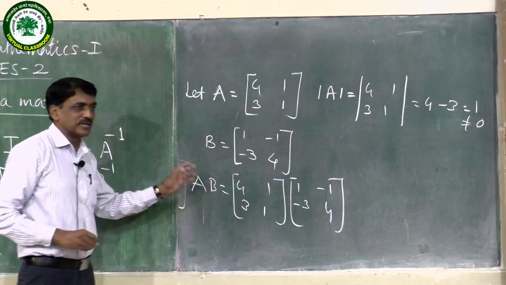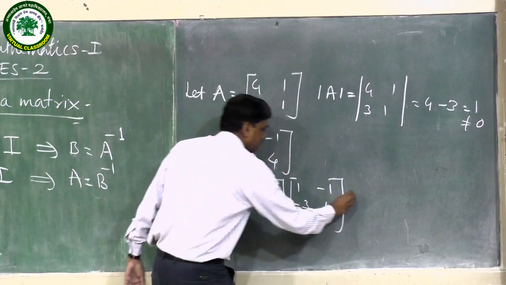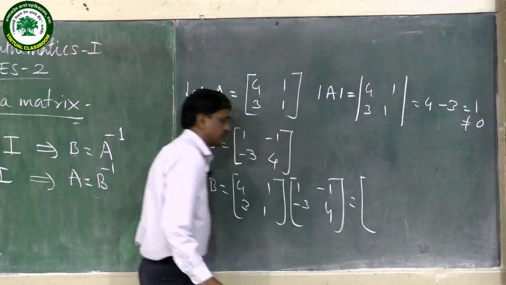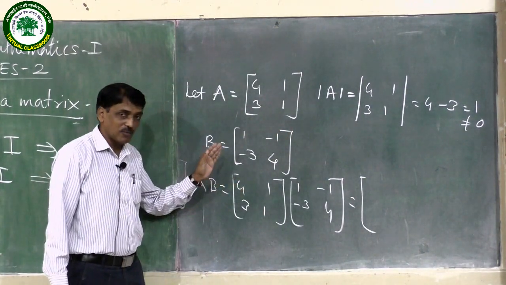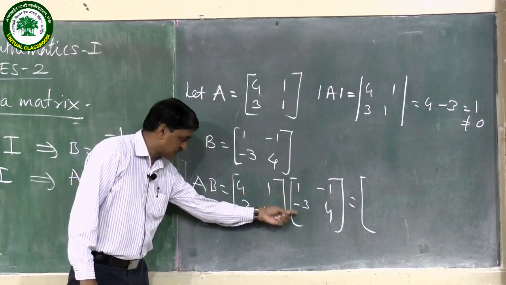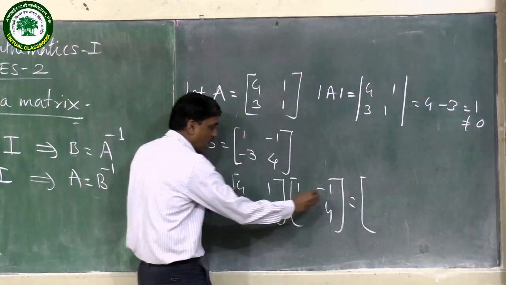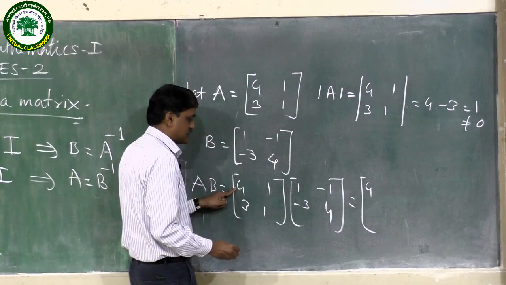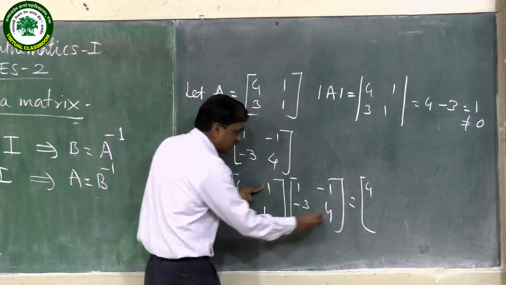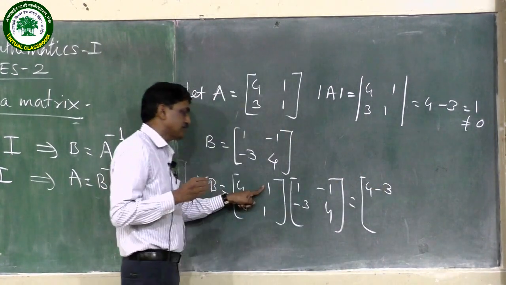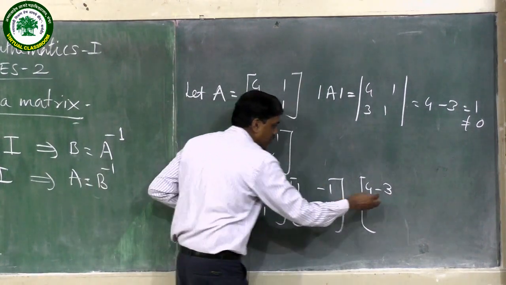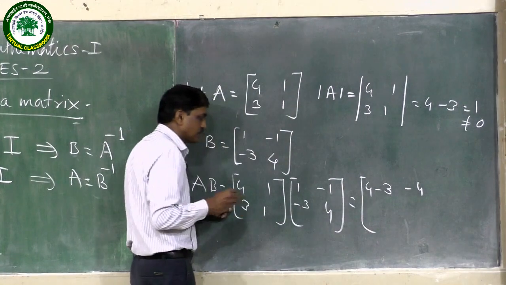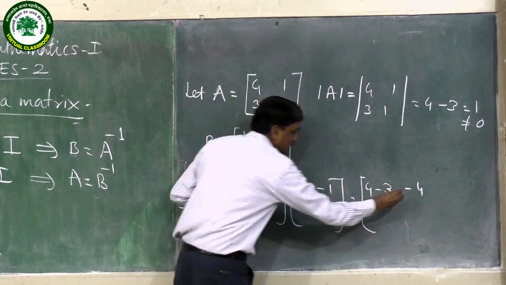Let us compute their multiplication. See, first row into first column, 4 into 1 it is 4 plus 1 into minus 3 it is minus 3. Then first row into second column, 4 into minus 1 minus 4 plus 1 into 4 it is plus 4.